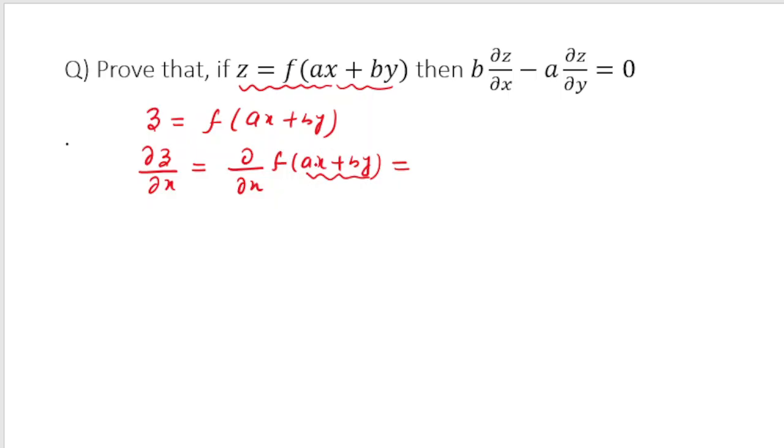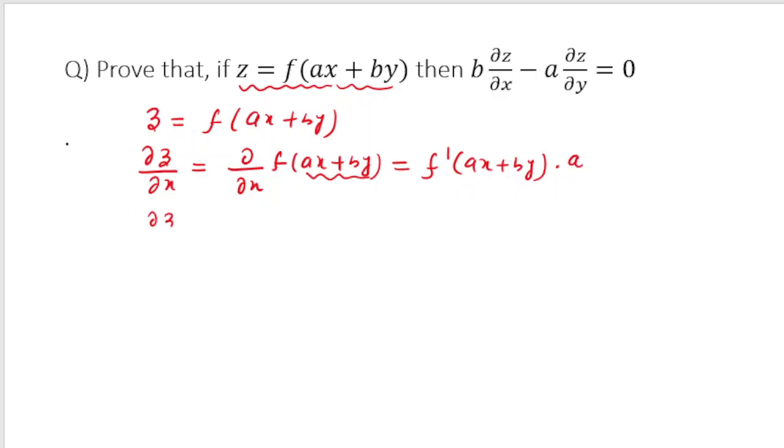So I have to differentiate it with respect to ax plus by, but I don't know what f is, so its derivative I'm just writing as f dash ax plus by. But since I have to differentiate it with respect to x, I need to differentiate ax plus by also with respect to x, so that will give me a, right?